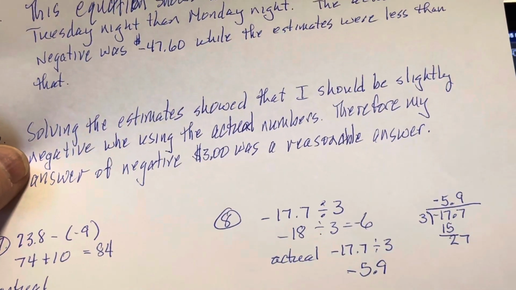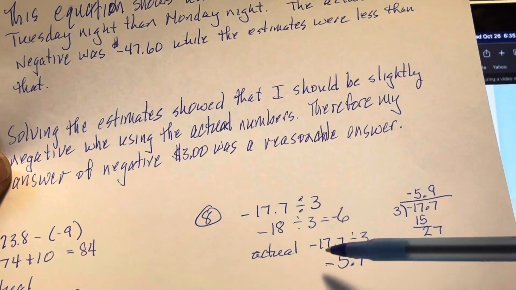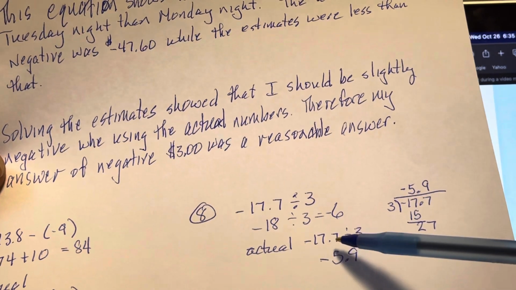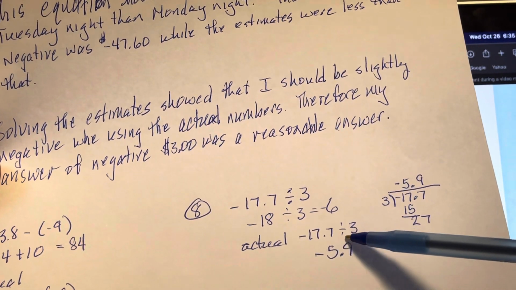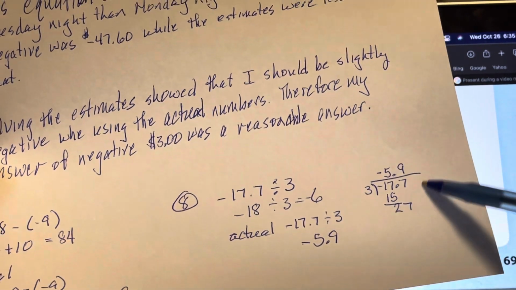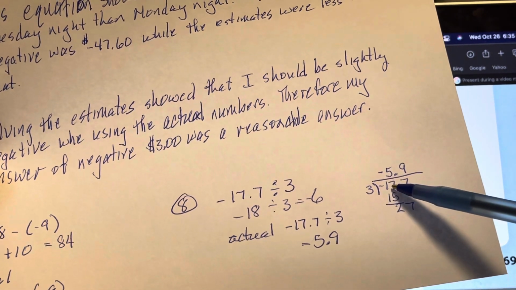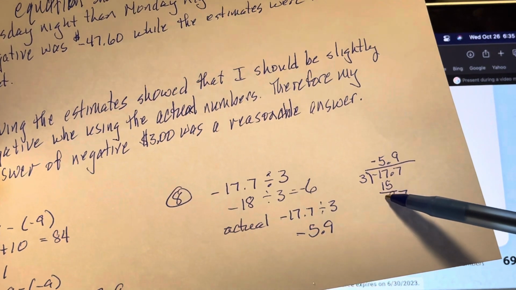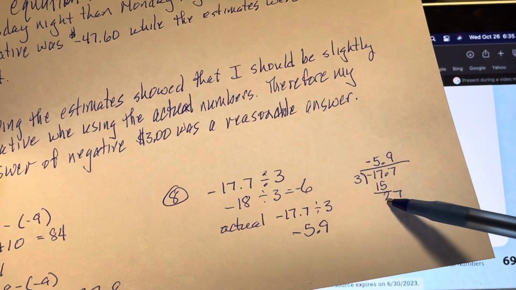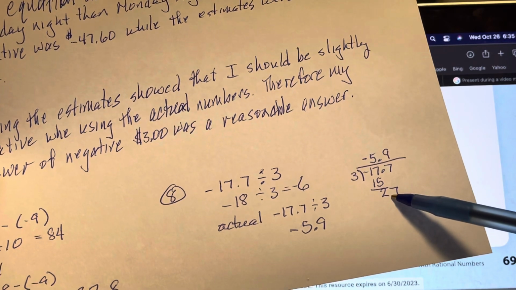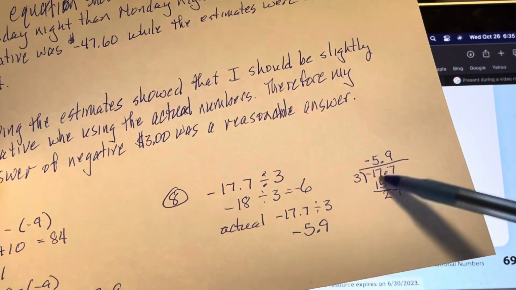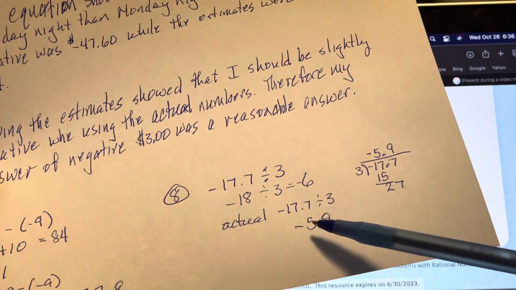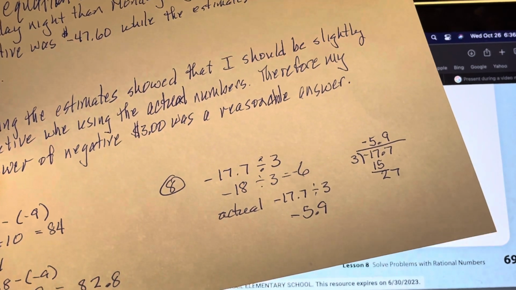So it's a -6. And then the actual is when you divide -17.7 by 3, as you see over here, 3 goes into -17 5 times, gets you 15, and then when you subtract that, you get 2.7, and that will go 9 times. So the actual answer is -5.9.